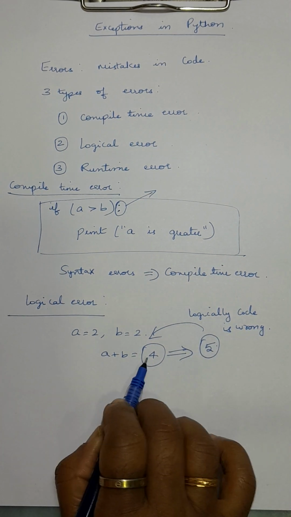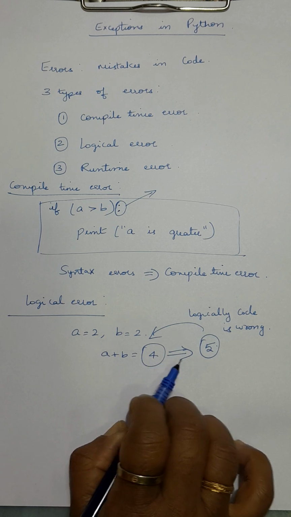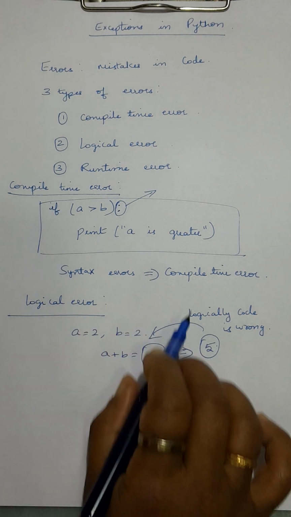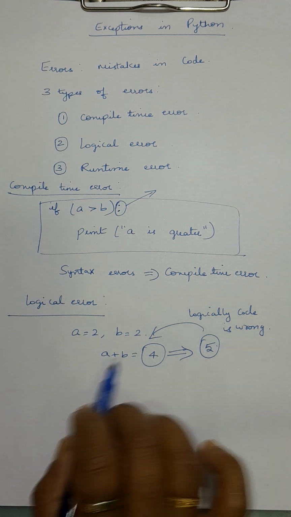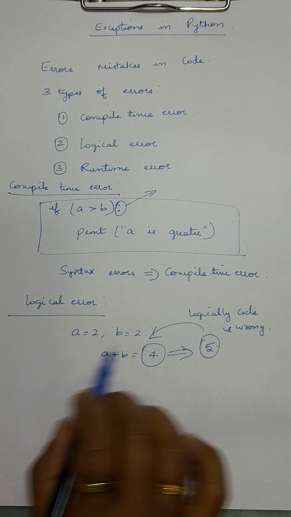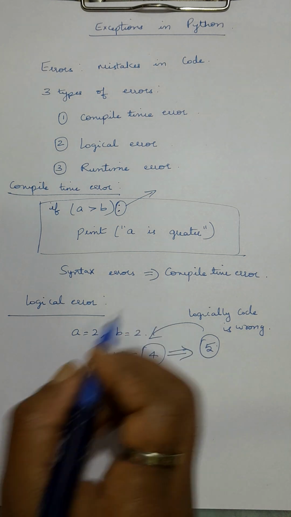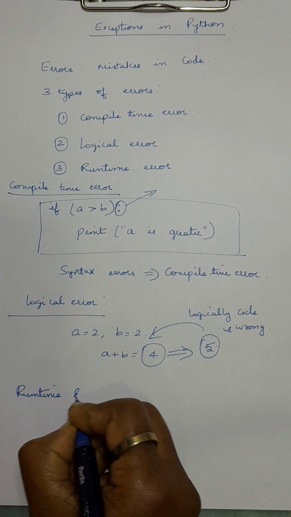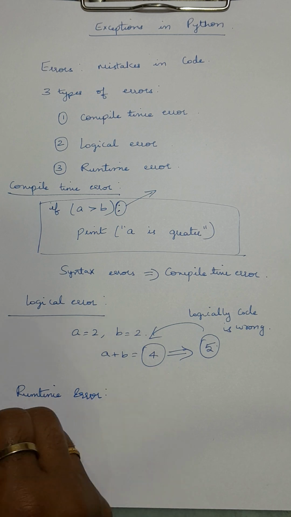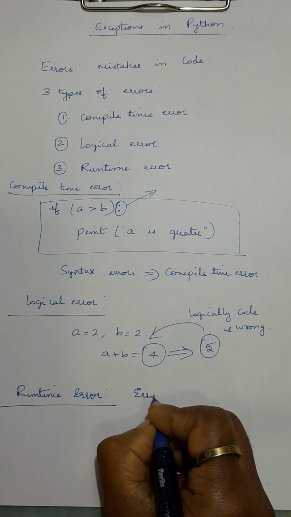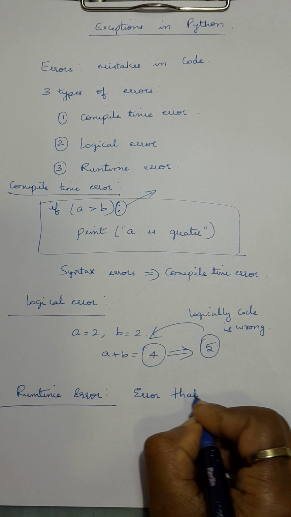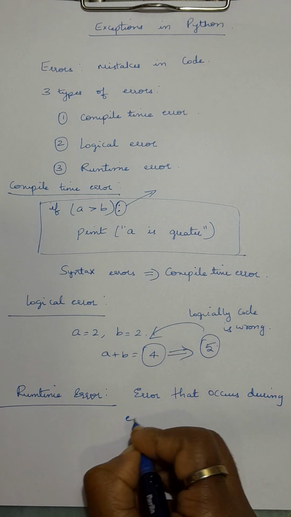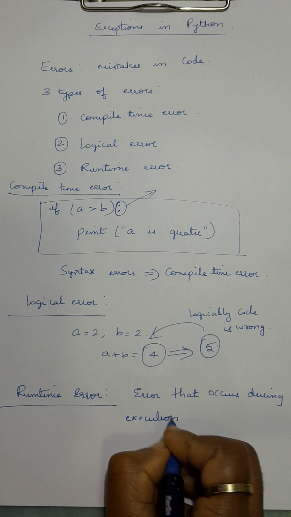If the answer that I'm expecting, rather than getting that answer, you get another answer, then it is called a logic error. So the developer has to go inside the program and debug the code in order to resolve the logical error. The third one is runtime error. An error that occurs during execution is called a runtime error.